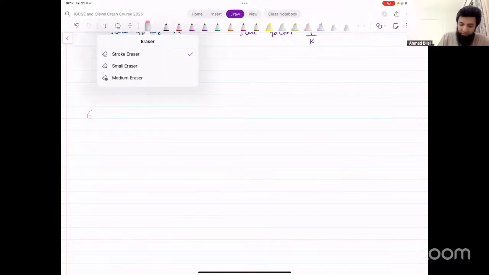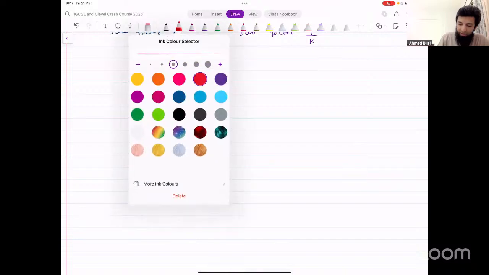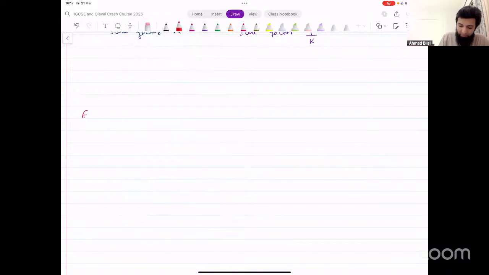Enlargement with scale factor -1 is the same as 180 degrees rotation.